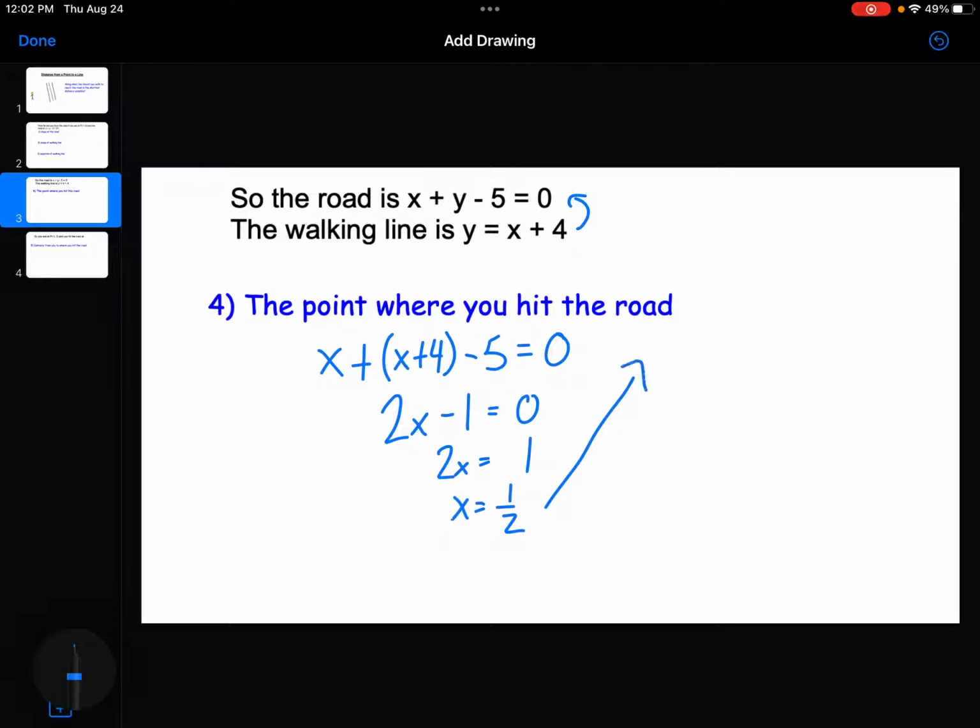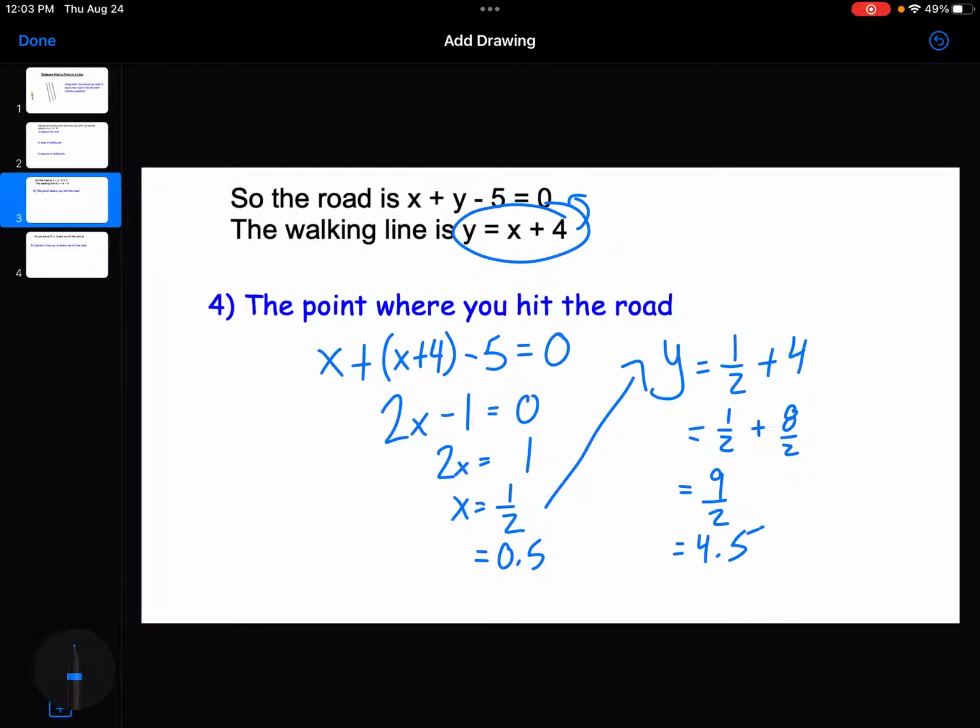If x equals 1/2, I can sub that into this equation here and find out what my y is. That's going to be 1/2 + 4, which is 1/2 + 8 over 2, which is 9 over 2. I could also write these as 0.5 and 4.5 because they're not too hard of decimals.